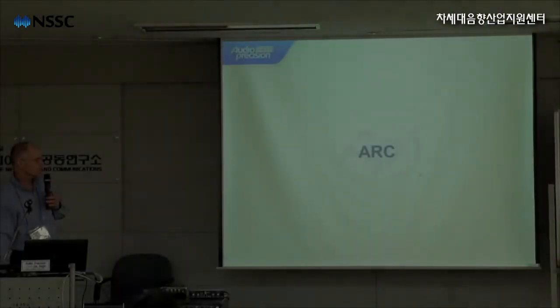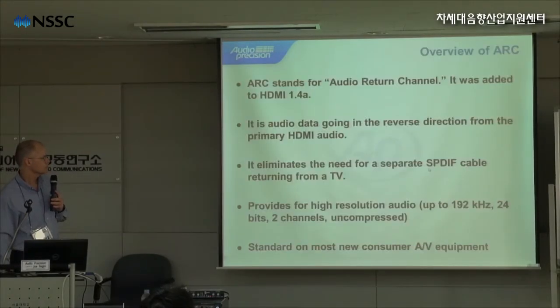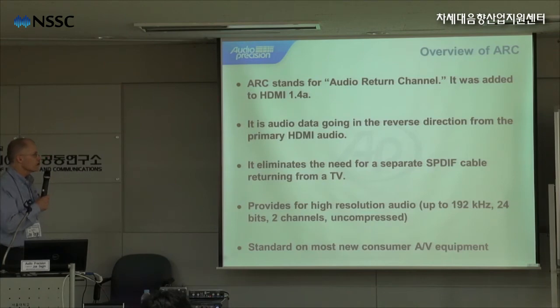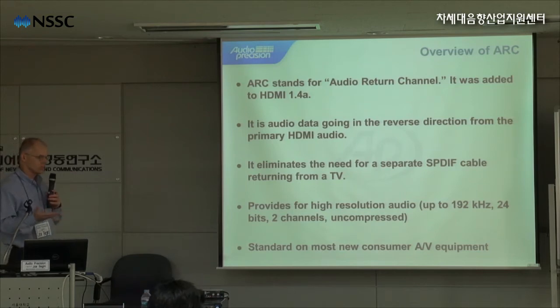We're just going to cover ARC, which is the audio return channel. ARC was added in HDMI 1.4a. This is audio data going over the HDMI cable in the reverse direction from the main signal. There's really only one use for ARC.